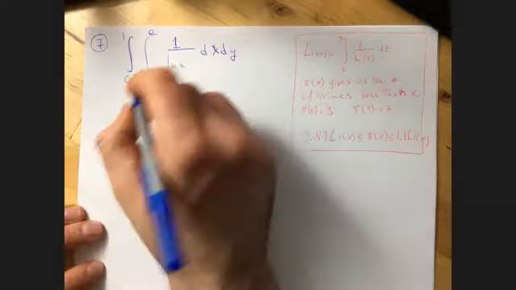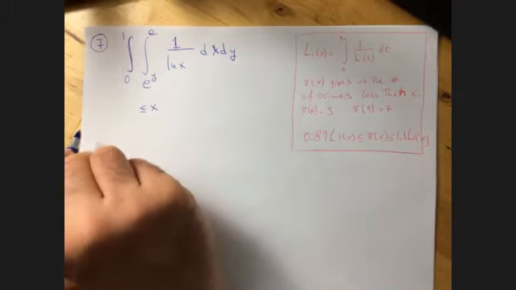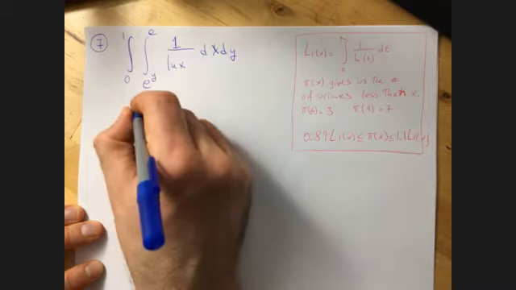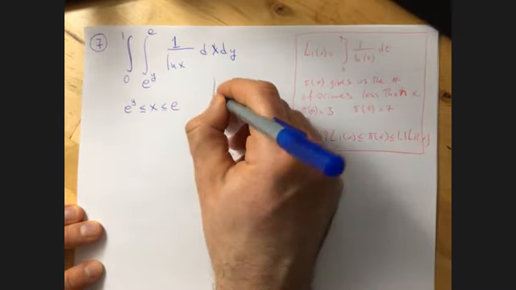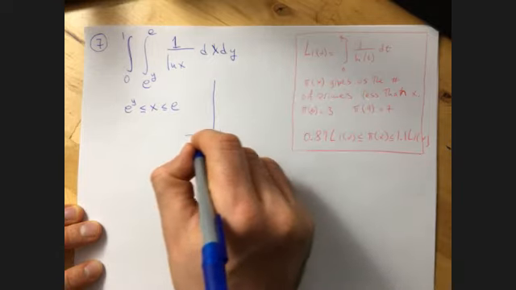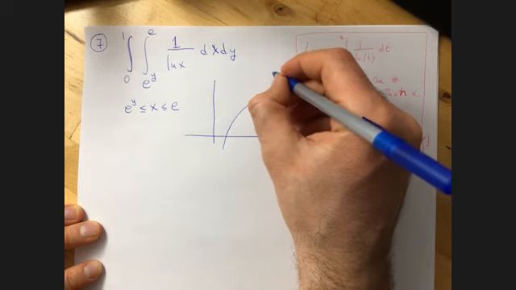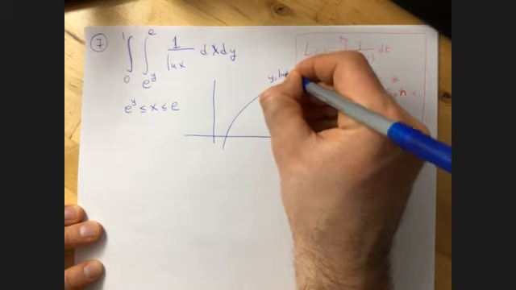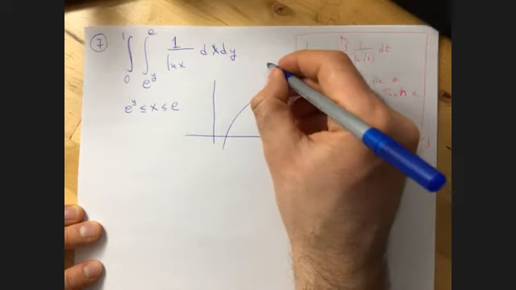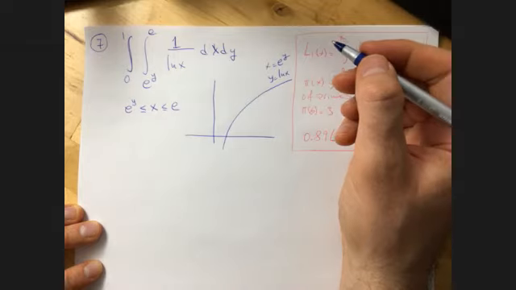So again, I'm going to try to change the order of integration, where x is between e to the power of y and e, okay? So this is the curve y is equal to ln of x, or x is equal to e to the power of y.